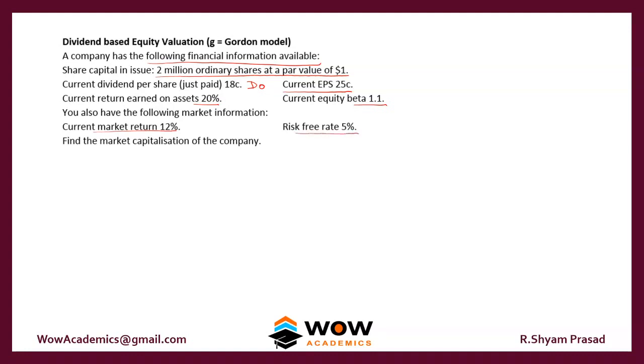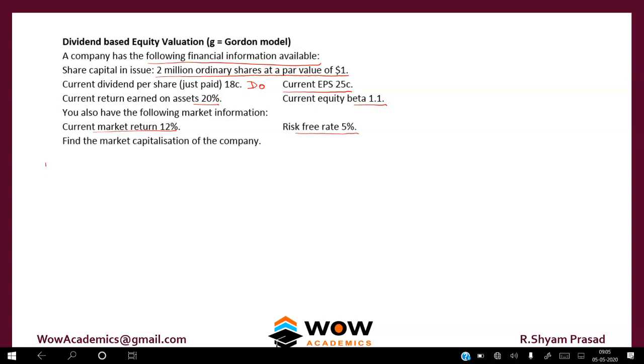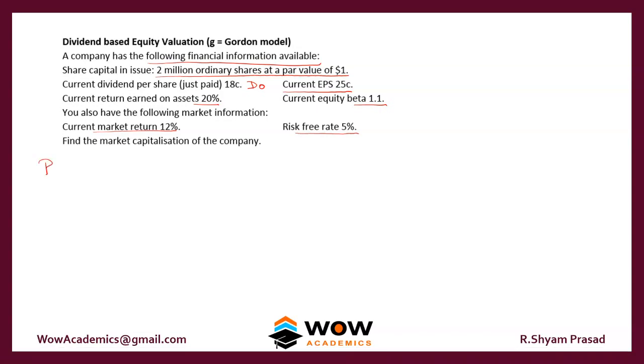So again, if you look here, it's similar to the last problem. So we'll work out the formula. The formula is D0 into (1 plus G) divided by (KE minus G). So as per the formula, we have the D0. So the D0 is 18 cents. But the question asks you for the market capitalization of the company.